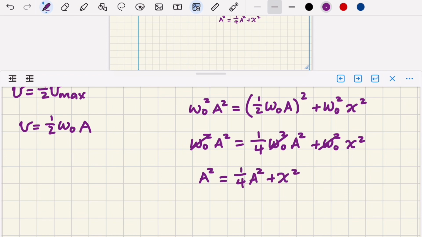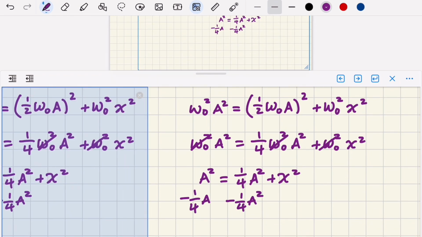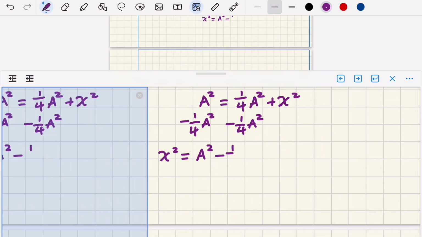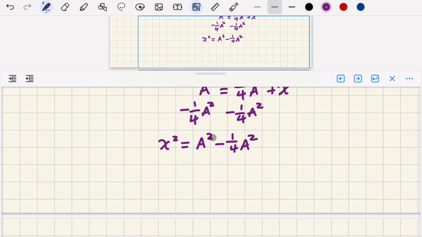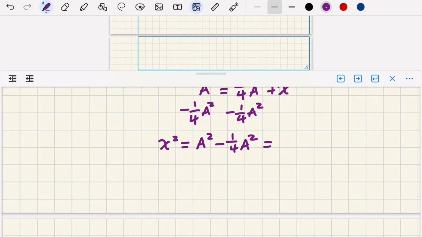And now you solve for x. Okay, and we have A squared minus 1/4 A squared, so it's just fractions, nothing we haven't seen before. Don't forget, next to this A squared, there's our 1, and I make 1 into a fraction with a denominator of 4, so it's 4/4.